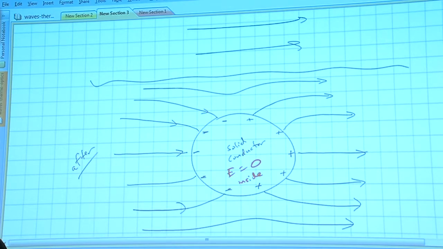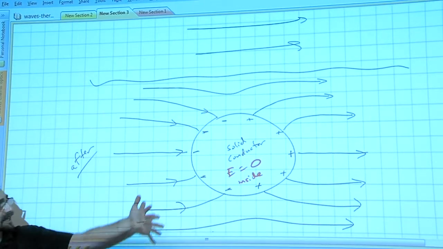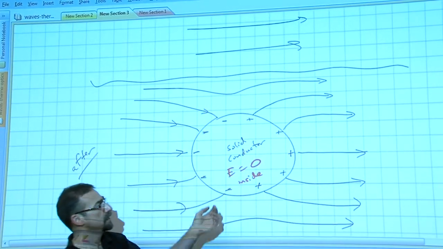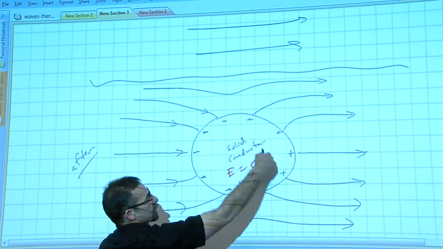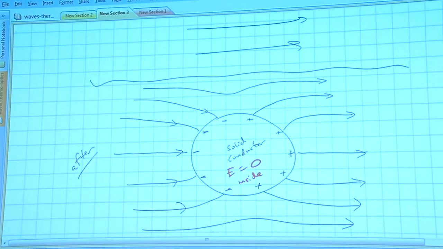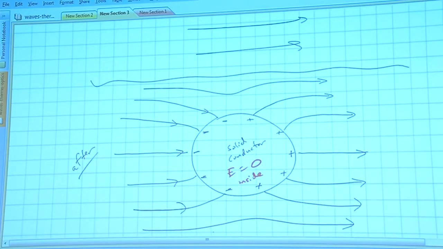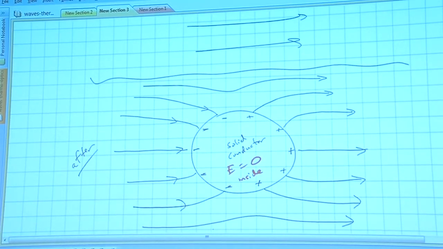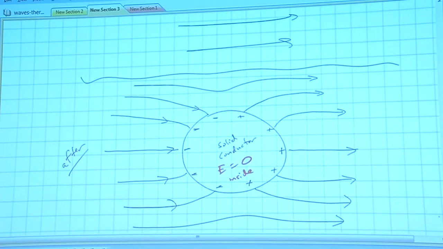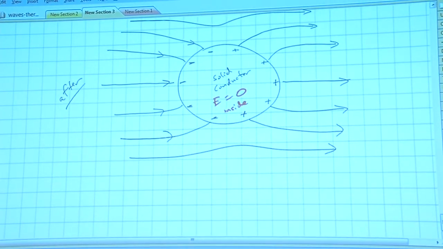And inside the conductor, the electric field is 0, because the field from the external source and the field internally due to the charges that have moved exactly cancel out. We always get 0 electric field inside of a conductor. This was a solid conductor, but if we had made it hollow, the same thing would happen.